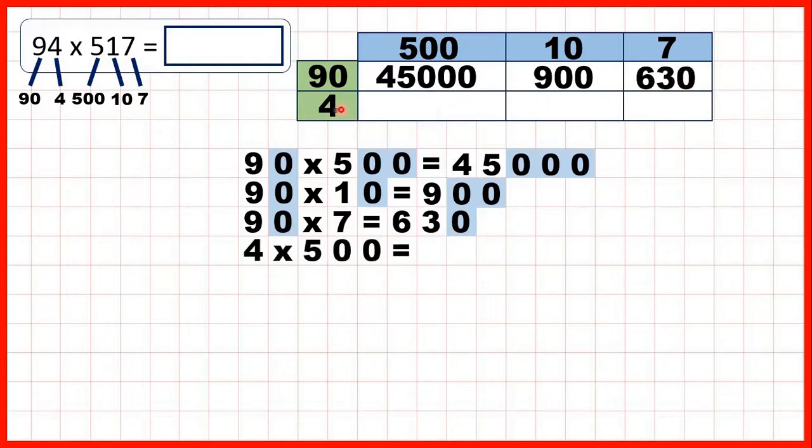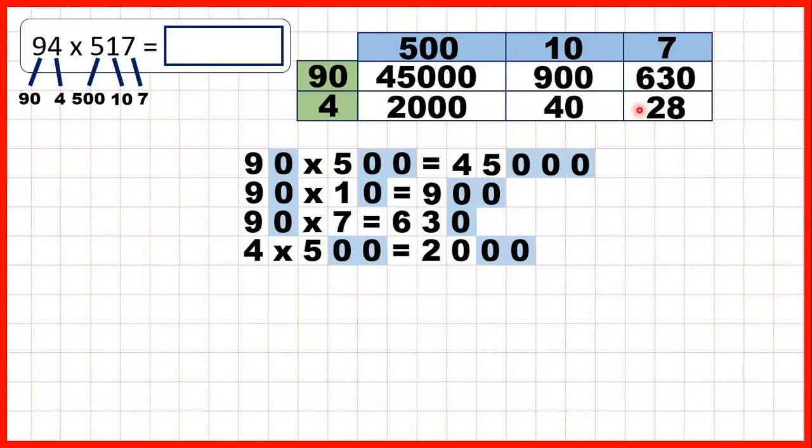Here we need 4 times 500, that's 2,000, because 4 times 5 is 20, but then we need 2 end zeros after we've written our answer to 4 times 5. Here we have 4 times 10, so that's 40, and here 4 times 7, so that's 28.